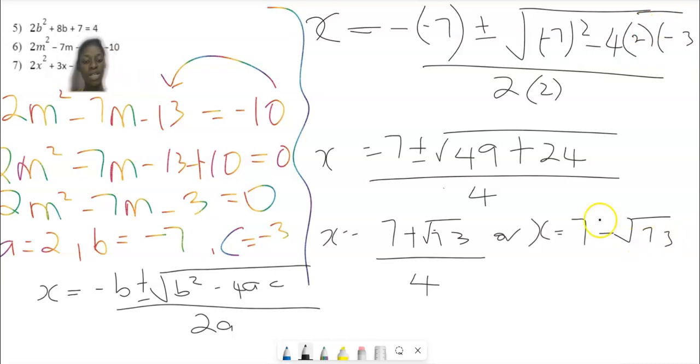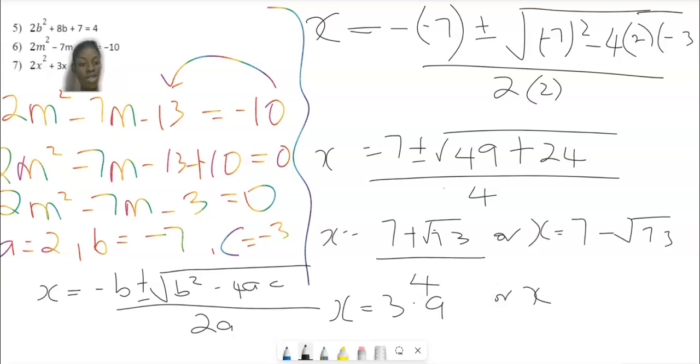So in your calculator, you can put 7 plus root 73. Press equal, then press divide by 4. And that is 3.9, that's our answer, rounded to 1 decimal place.